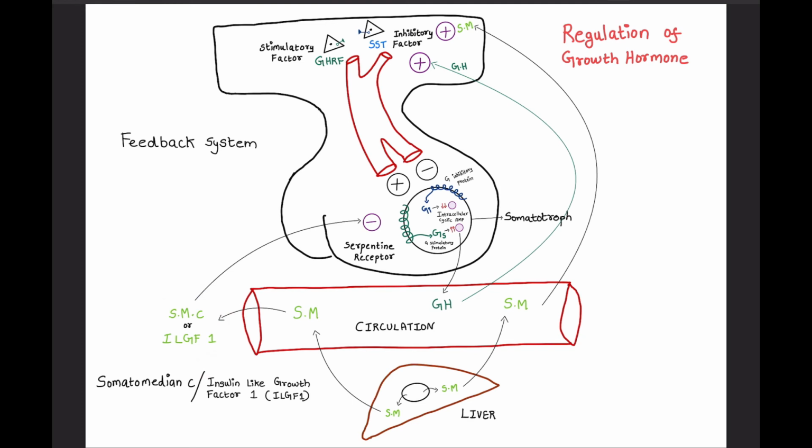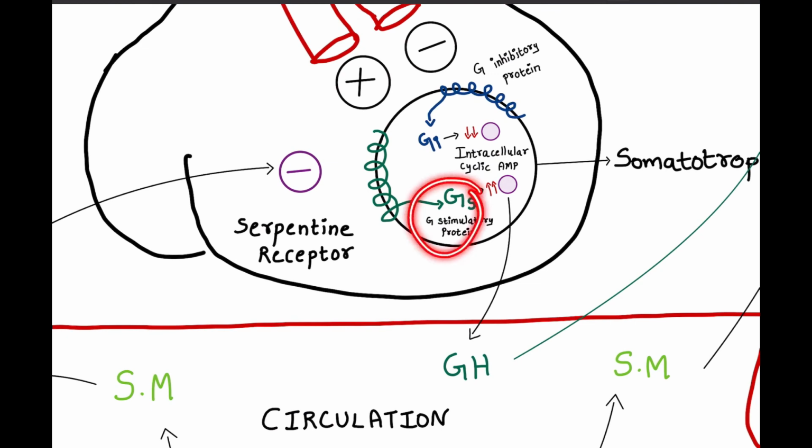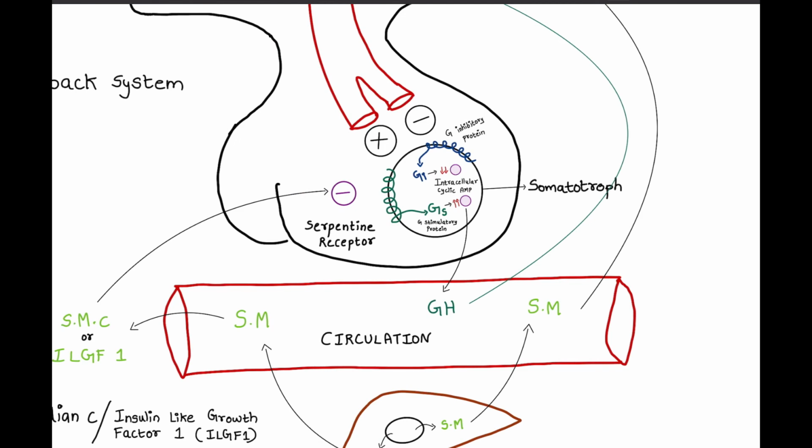It will act on the serpentine receptor, and it will deactivate the serpentine receptor, or we can say it will deactivate or inhibit the G stimulatory protein through the serpentine receptor. In such a way, the growth hormone synthesis and release is reduced dramatically.